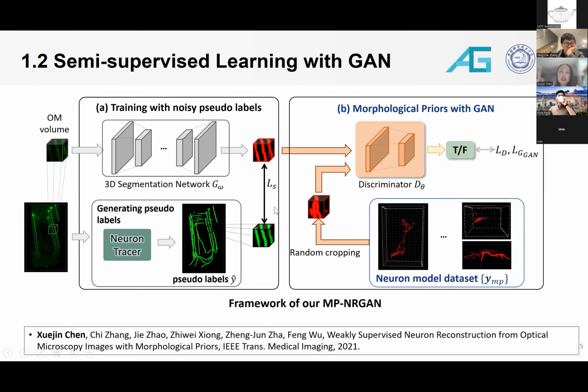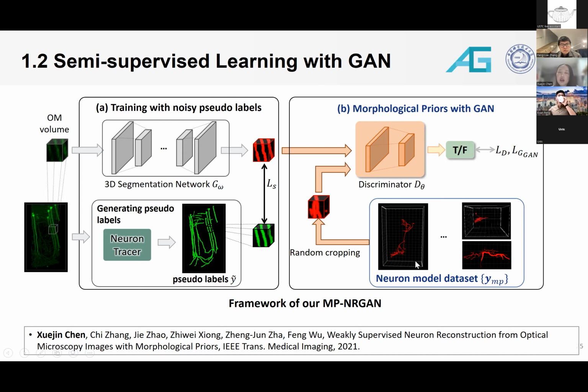So the idea is, we can train a segmentation network with the pseudolabels generated by a traditional neural tracer, but in order to evaluate the segmentation results, we not only use the voxel-wise loss for the segmentation, but we also measure the goodness of the reconstructed structure according to the morphological prior learned or encoded with this GAN framework.